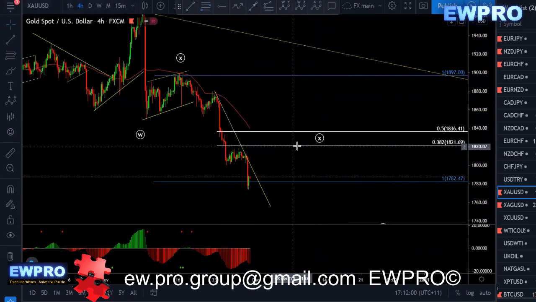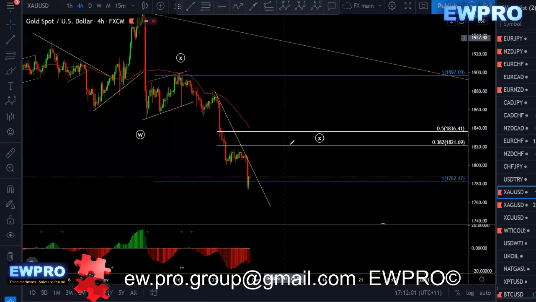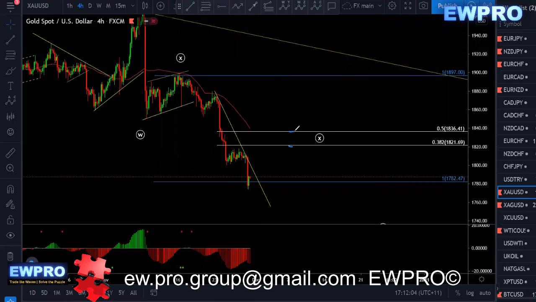So this will be your target here, your first target here. Then you could probably use this as your second target, the 50 fib if you wanted to.